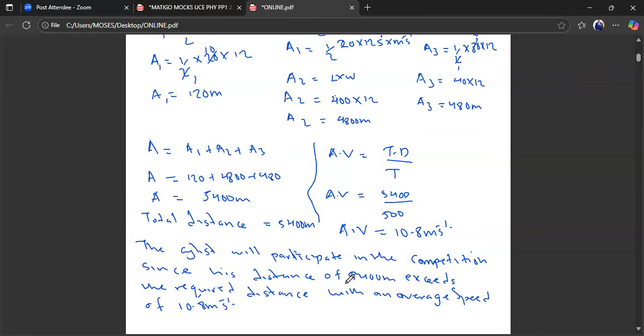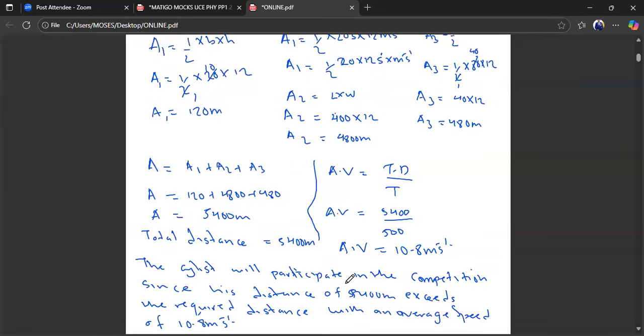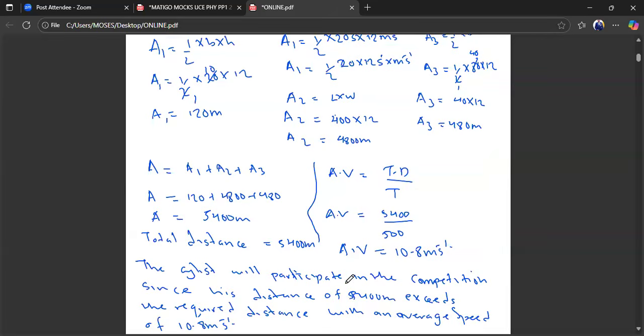Don't forget the conclusion. The conclusion is very, very important. And these conditions are given in the question initially. So that is our solution for part A.